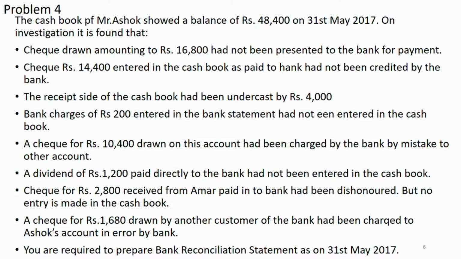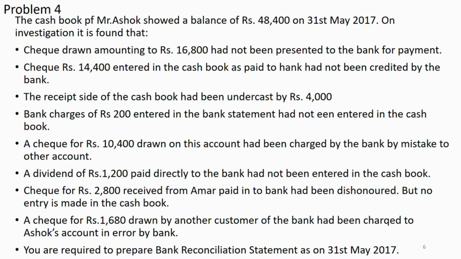This is the problem. So the starting point in this case, we start preparing the bank reconciliation statement with the cash book balance of 48,400, and we'll add or deduct the adjustments based upon the effect of these transactions on the passbook balance when compared to the cash book.